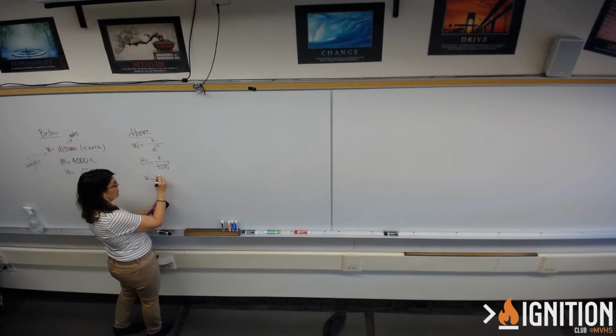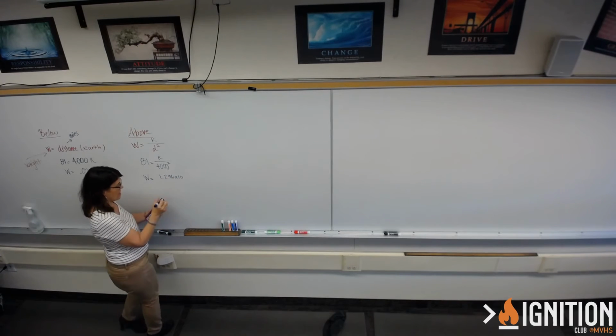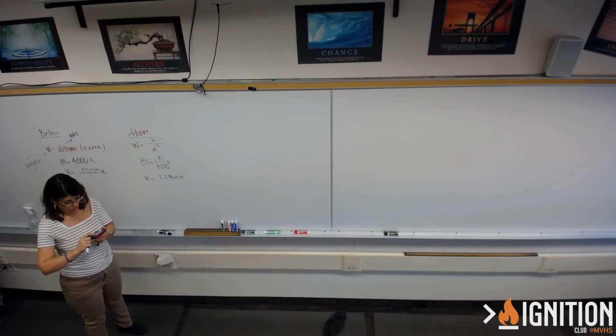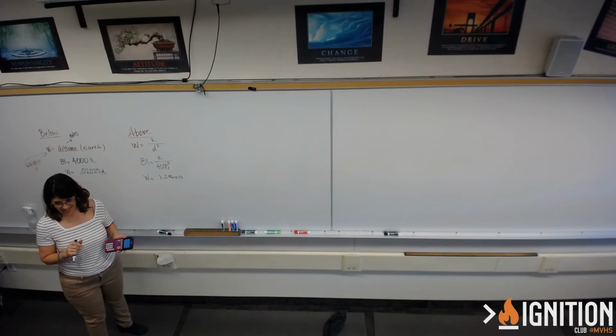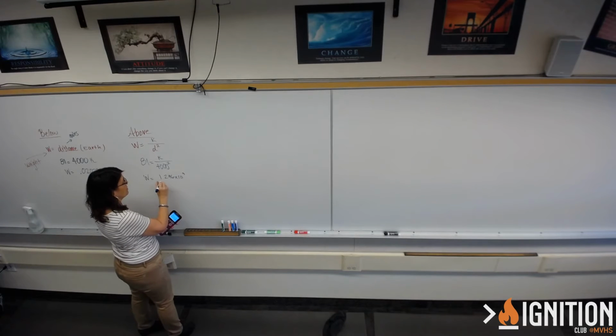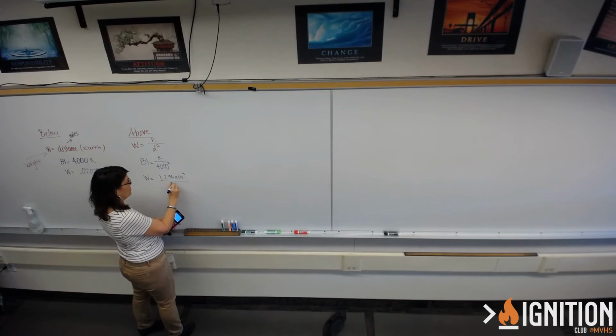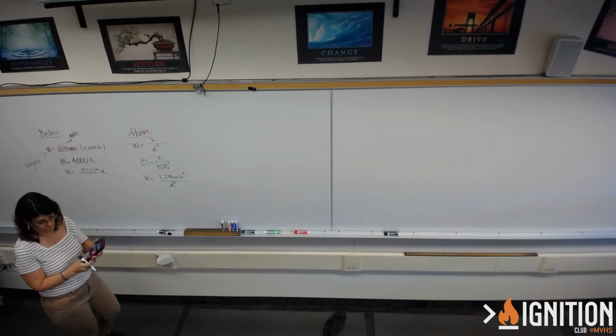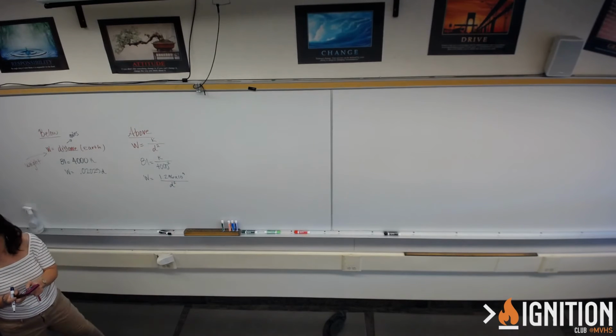It's 1.296 times 10 to the 9. Is there something we can convert into 400,000? I'll show you afterwards.